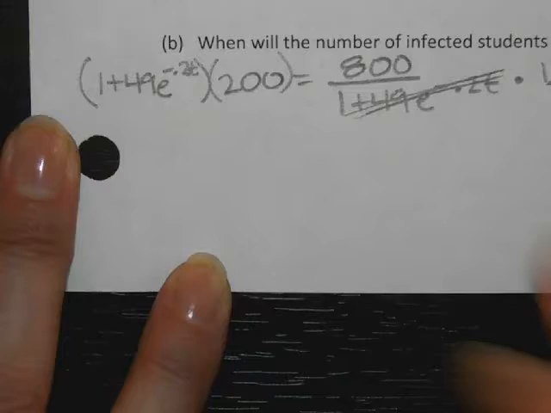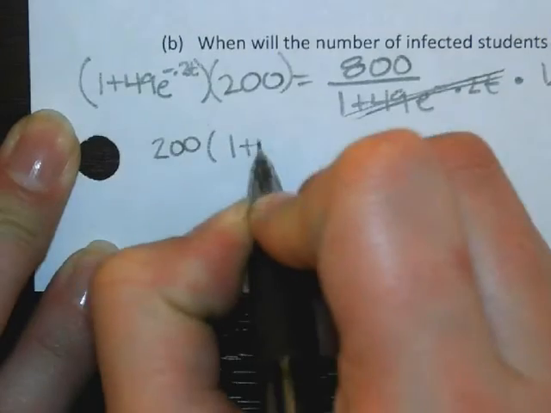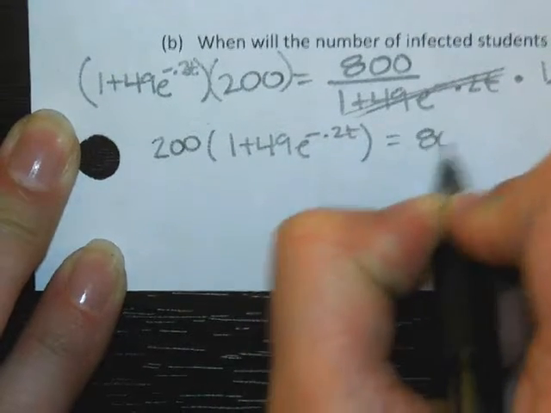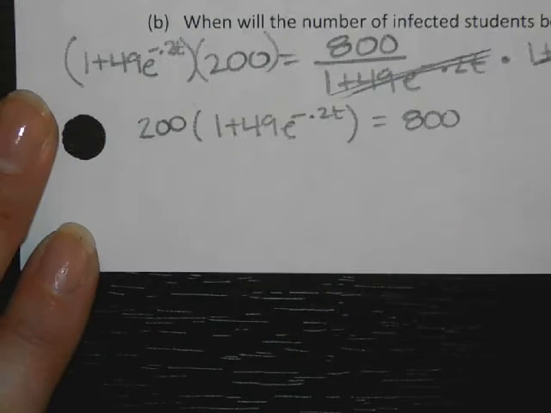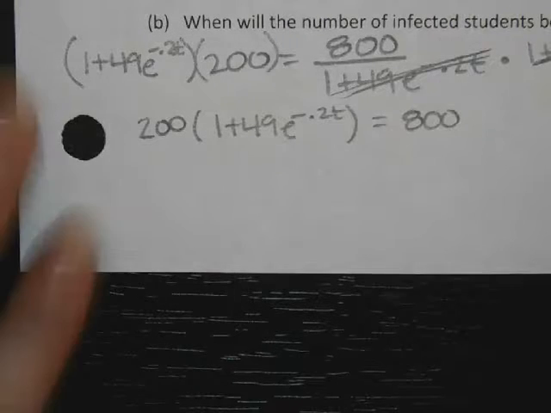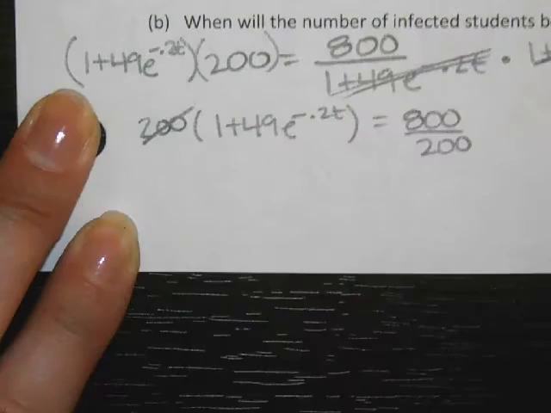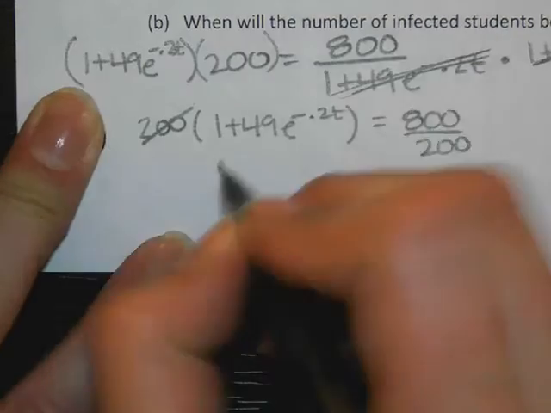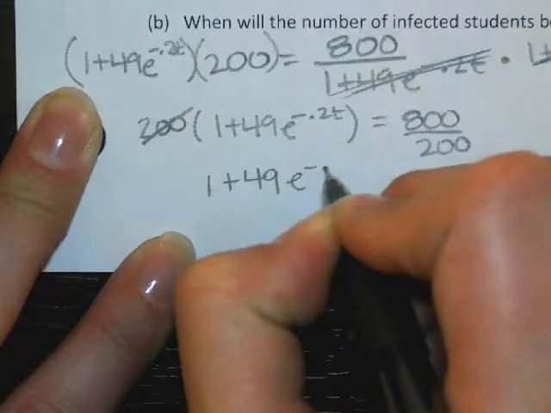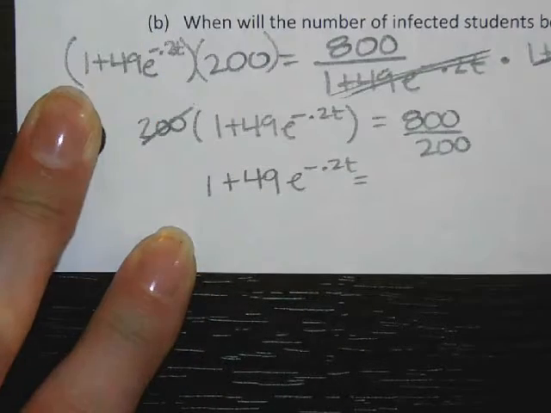Okay. So I'm going to go ahead and write down what I have. And I want to start moving things away from the t. Divide by 200. So that's an easy thing to move over first. Divide by 200. Got rid of that. So we have 1 plus 49 e to the negative 0.2t equals 4. 800 divided by 200 is 4.